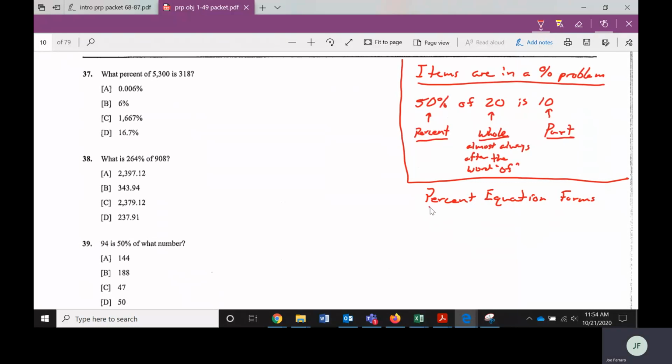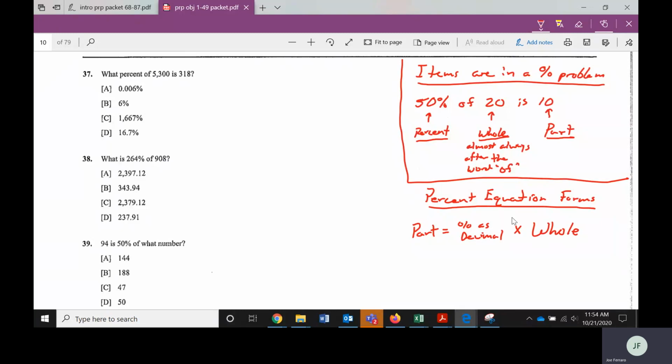The most common percent equation is your part will equal the percent as a decimal, which I'll remind you how to do, times the whole. So that's one version of the percent equation.